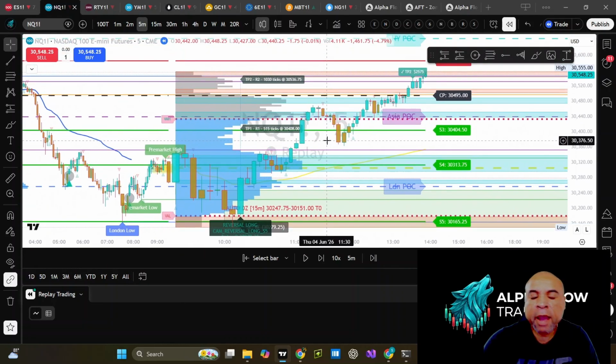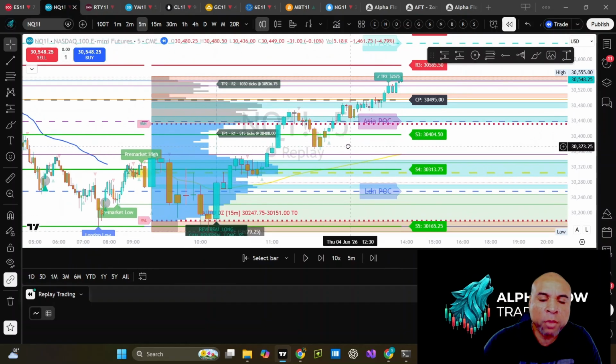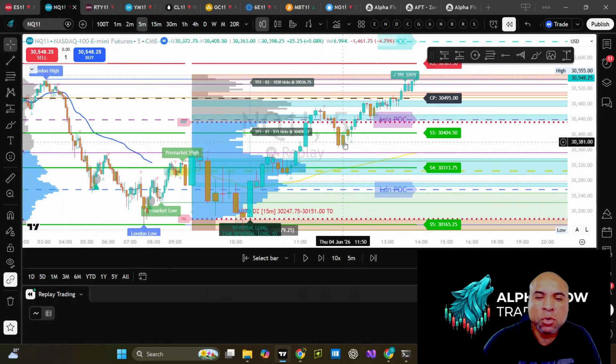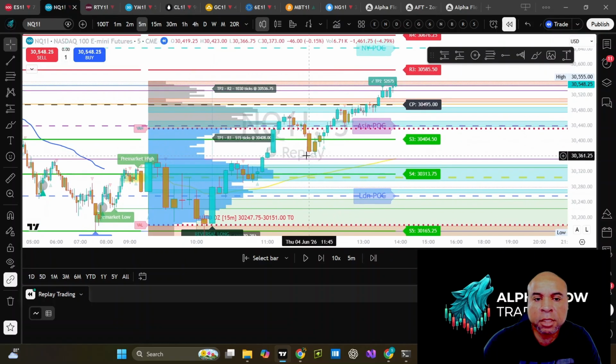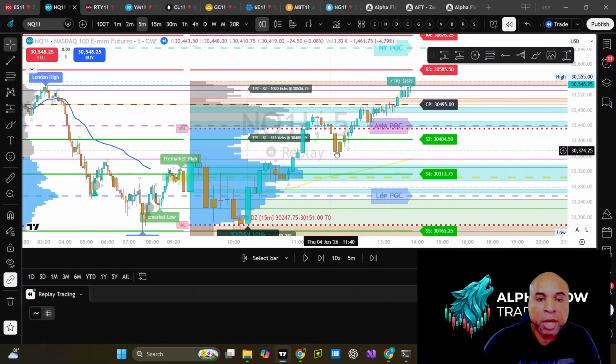I would say the average trade time when working with our system on the 5-minute time frame is normally about 30 minutes to an hour. This one did take a little bit longer, especially with NQ, the way NQ moves. It did take a little bit longer than usual, but it did get there.